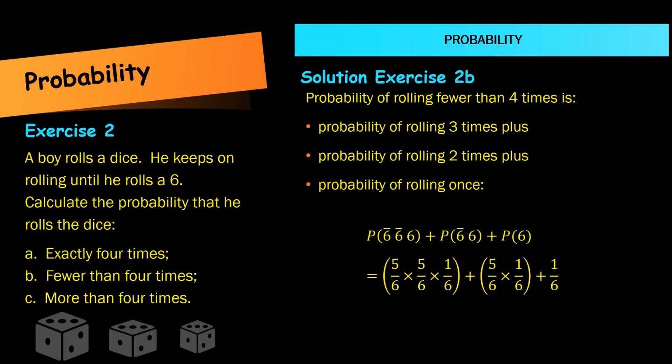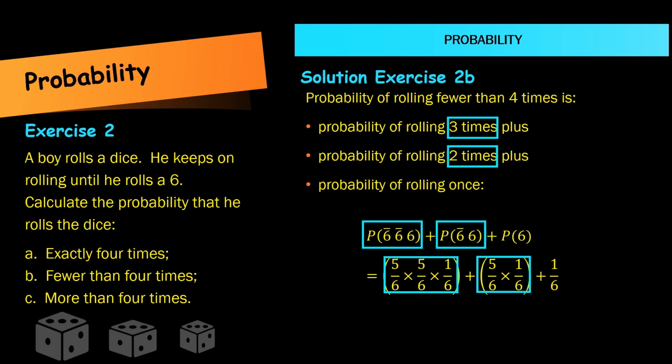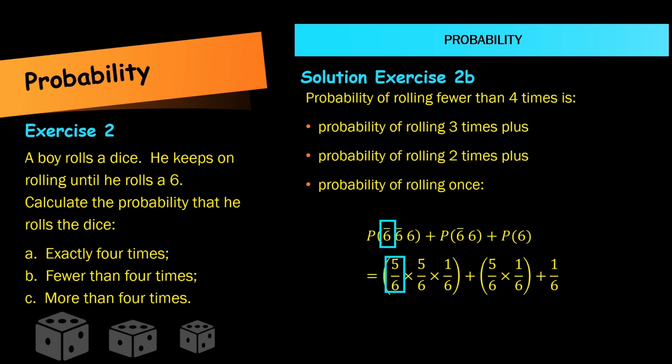And this is equal to probability of 3 times here plus probability of 2 times here and probability of once here. And of course recall that probability of not rolling a 6 is 5/6. So here we have 5/6 times 5/6 times 1/6, which is the probability of rolling a 6.